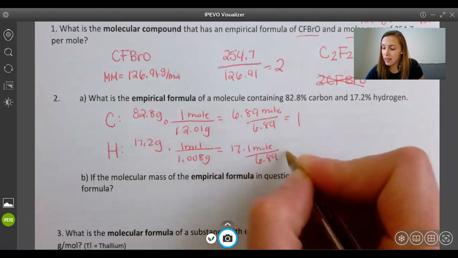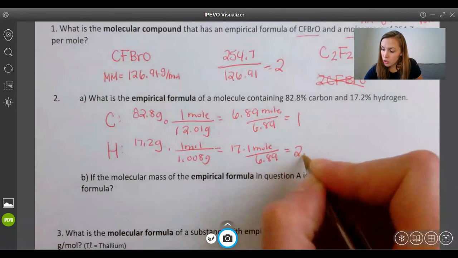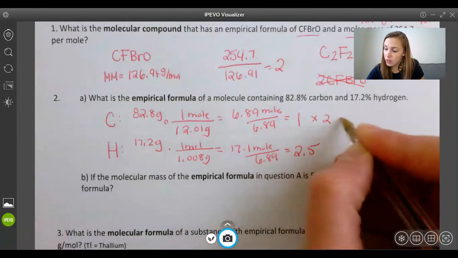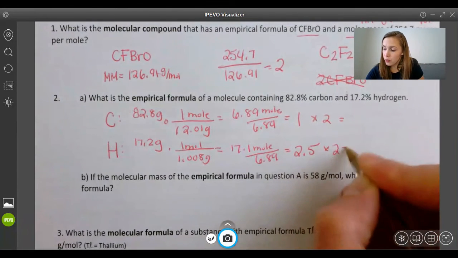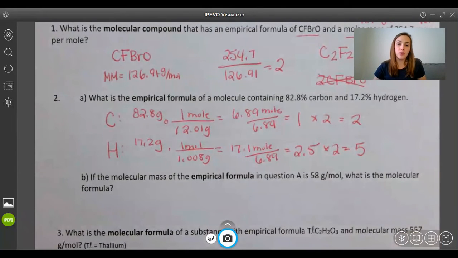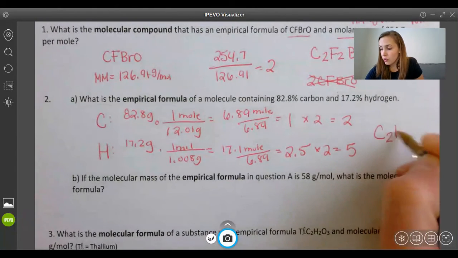That allows us to set carbon to 1. Hydrogen here, you're going to get 2.5, which is important because we're still not in whole numbers. So to rectify that, we're going to multiply all the moles by 2, which gives us 2 moles of carbon for every 5 moles of hydrogen, which leads us to our empirical formula, C2H5.